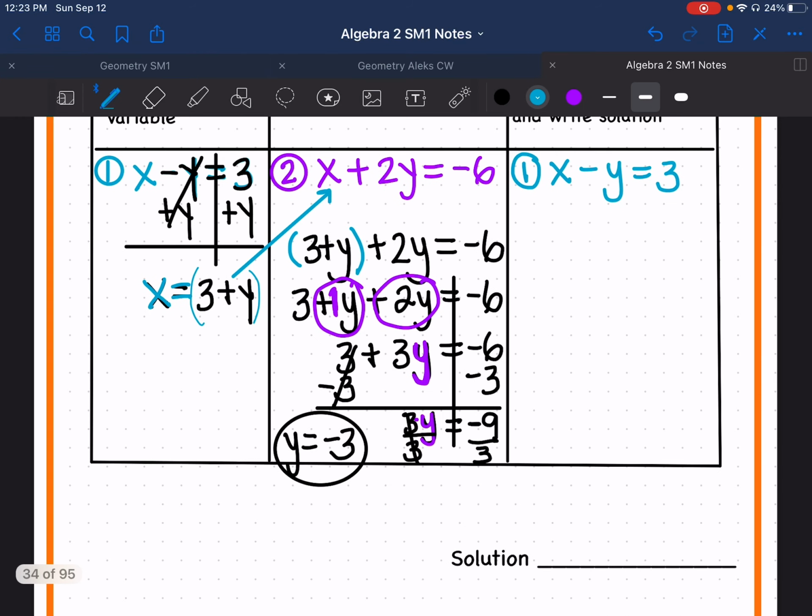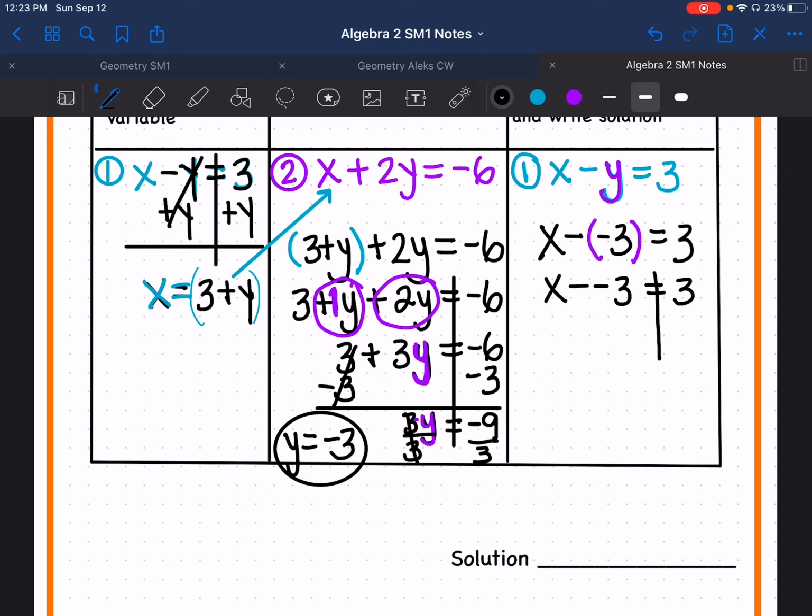But I already know that y is negative 3, so I'm going to say x minus, plug it in, equals 3. I'm going to put the negative 3 right here. Well, technically, I don't have to have the parentheses because once again, there's nothing to distribute. So I can think of it as x minus minus 3 equals 3.